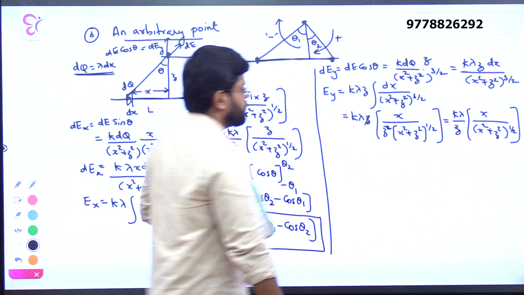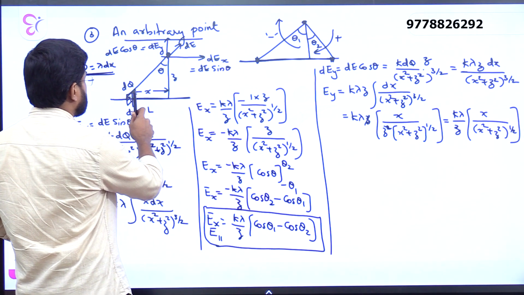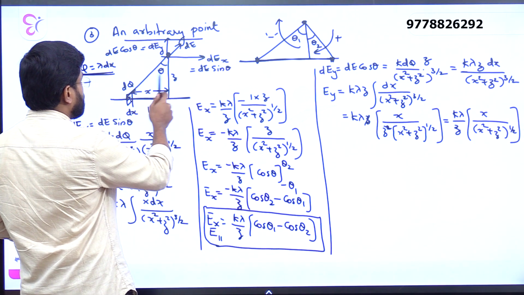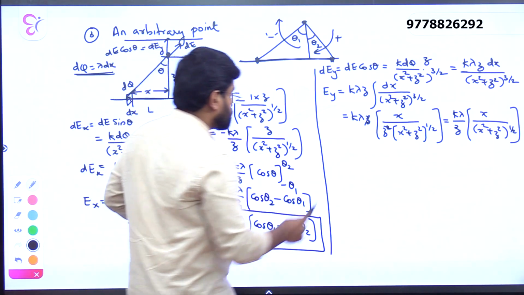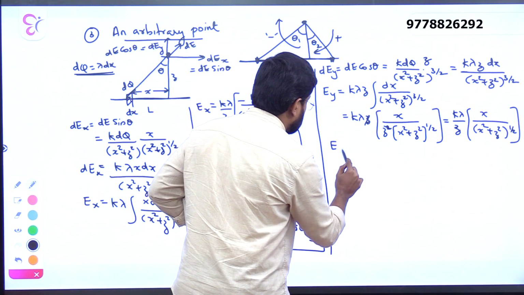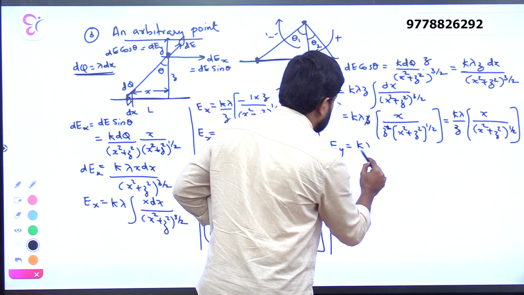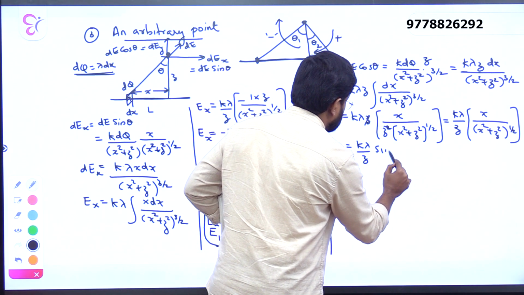What is x by root of x square plus z square? It is nothing but sine theta. So Ey equals k lambda by z into sine theta.